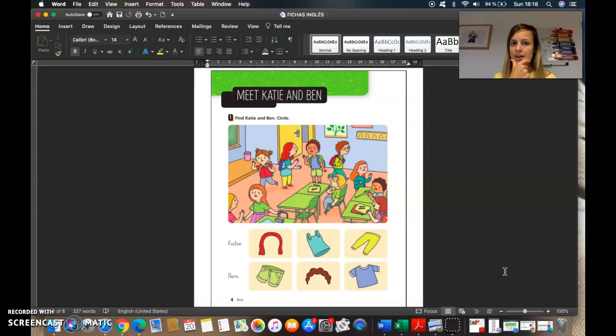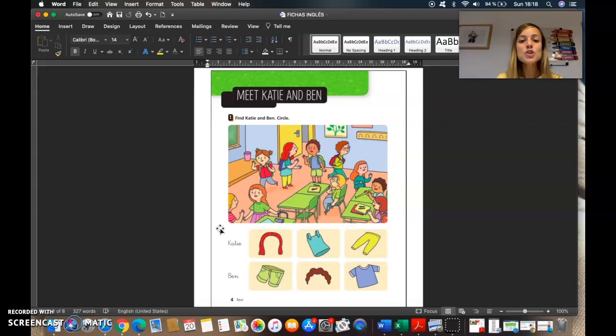So, you have to find Katie and Ben. Who are they? Okay, we're gonna start by Katie. Who is Katie? Look at these three pictures. Pay attention, listen to me, and point with your finger to Katie in the picture here, okay? Listen to me.